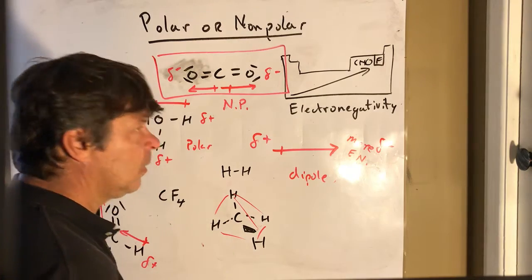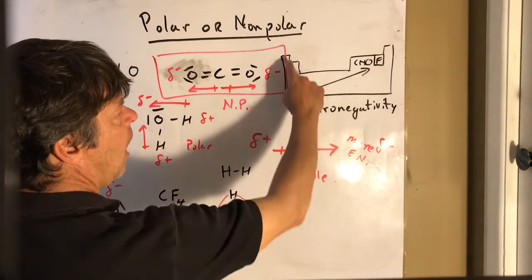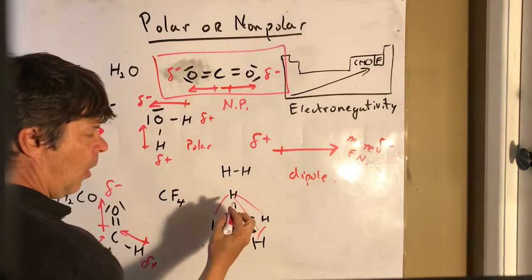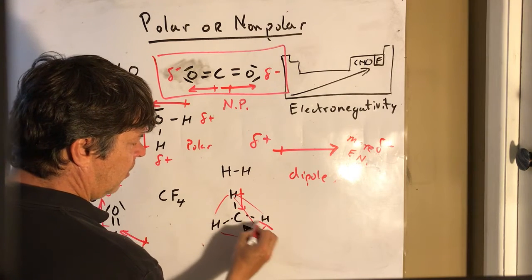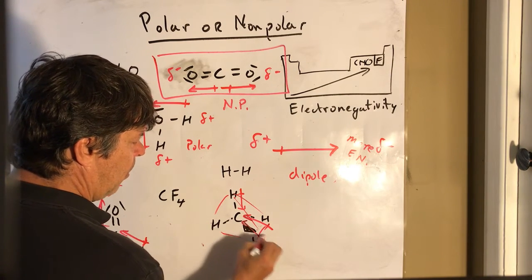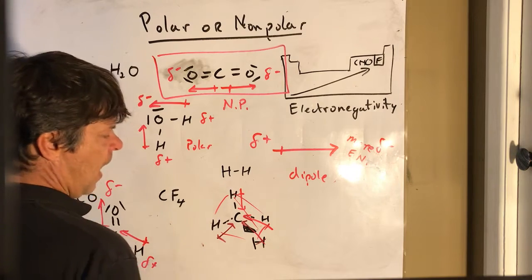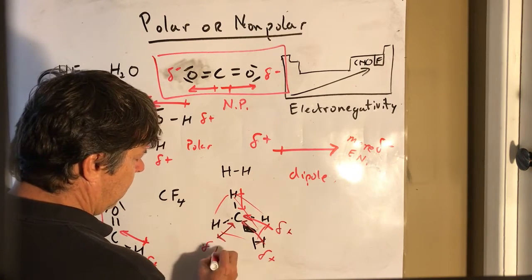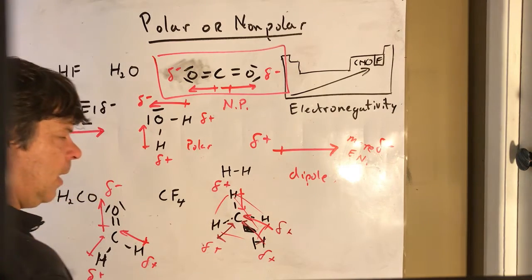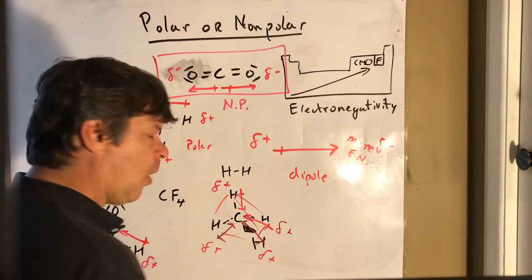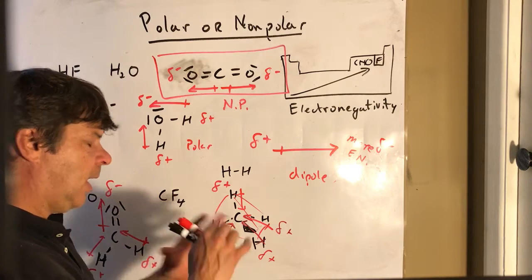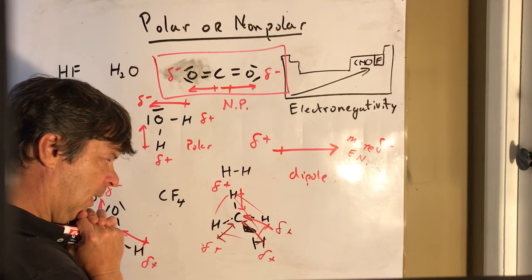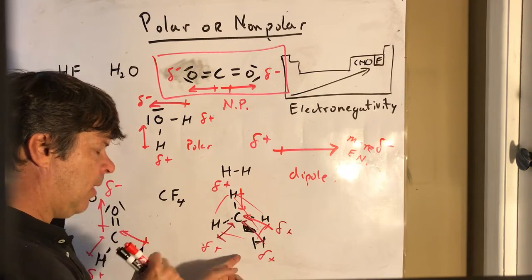So what's more electronegative, hydrogen or carbon? Carbon is. So all these dipoles would be going toward the center. Gets a little messy. And what's the charge on the outside? Well, it's all partially positive. That central atom, that carbon, is surrounded by hydrogen. It's not going to interact with anything. That's nonpolar.